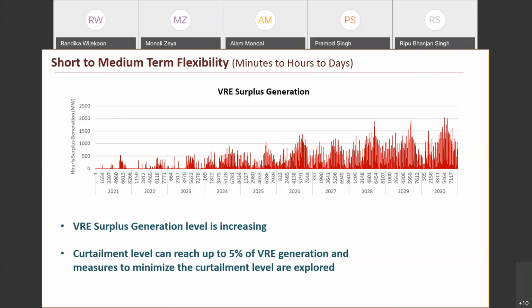This indicates the flexibility limits of the system, and we are now trying to explore more avenues to minimize the curtailment as well as to increase the flexibility of the conventional generation. In the next slide, please.